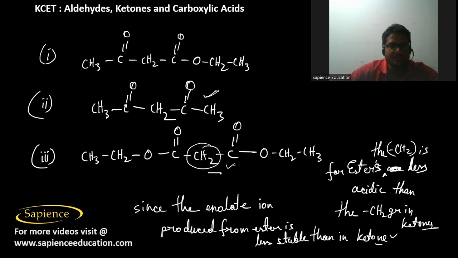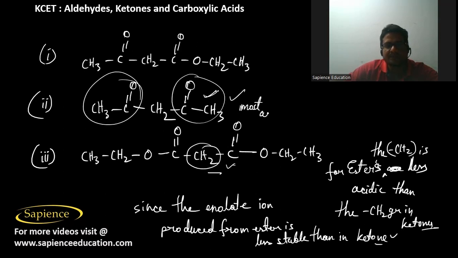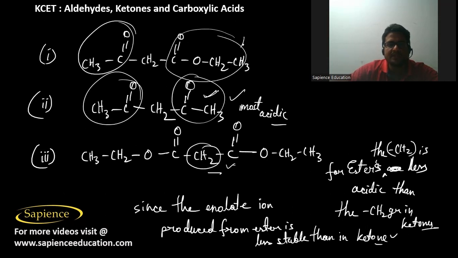Since here both the groups are ketone only, the second one is the most acidic. And here we have one ketone group and one ester group, so it is less acidic than the second one.